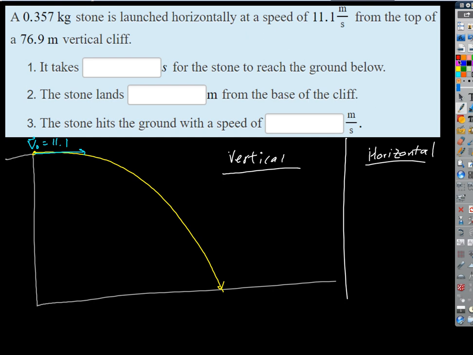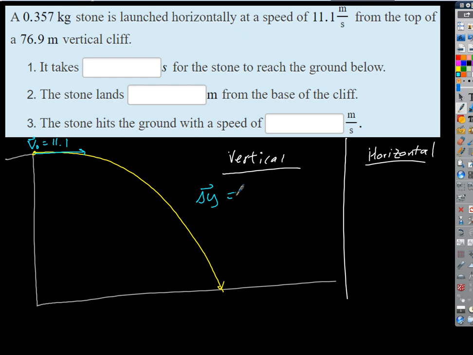Let's go back, and all we're going to do here is just treat the vertical motion as a one-dimensional kinematics problem, just like we did last section, right? So what do we know vertically? 76.9. Okay, so the displacement is, you tell me what to fill in. So the displacement, I'm going to call it delta y, because it's vertical, equals 76.9.